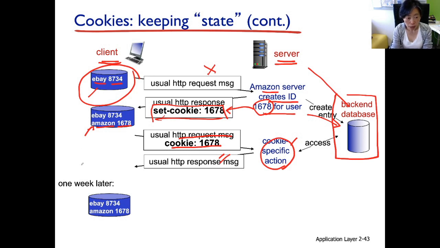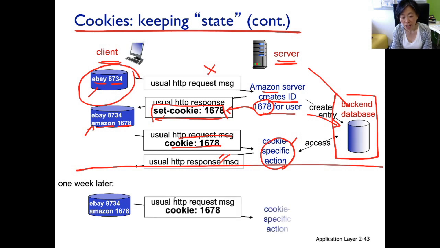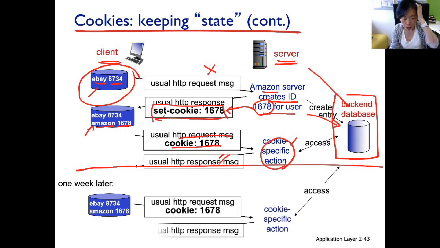So what's amazing there is, one week later, when you come back and try to purchase something from Amazon again, the first request message you'll be sending will already be carrying the cookie entry. Once you have it set up locally on your cookie file, all the subsequent HTTP requests will by default carry the cookies.